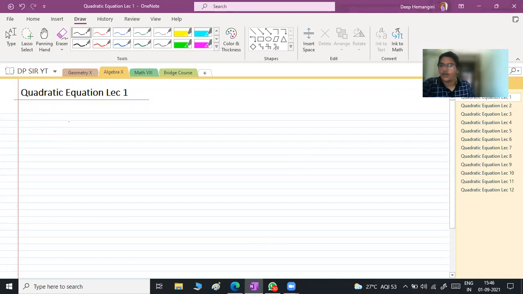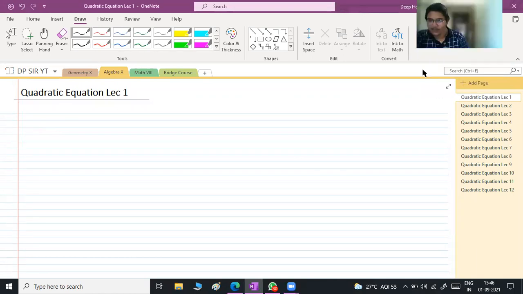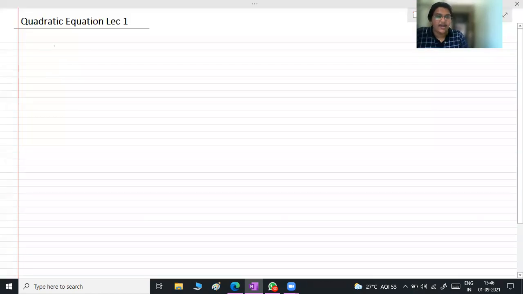So let's begin with a very new and interesting topic of our 10th standard, that is quadratic equation. Whenever I talk about quadratic equation, you can recollect it with the concept of polynomial.